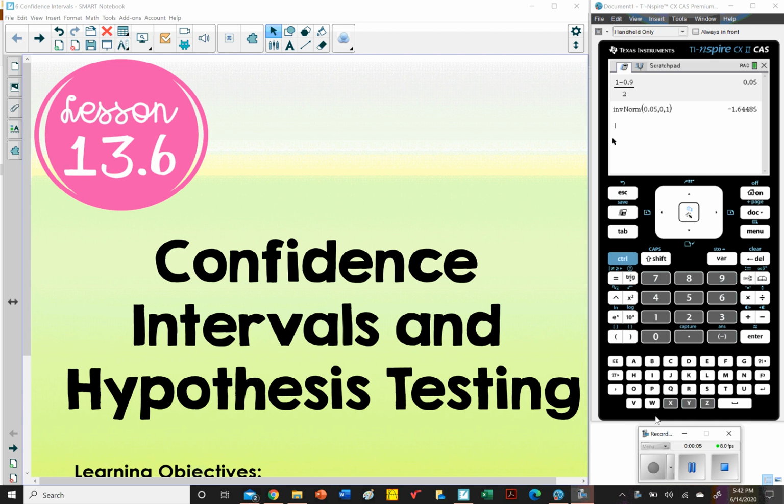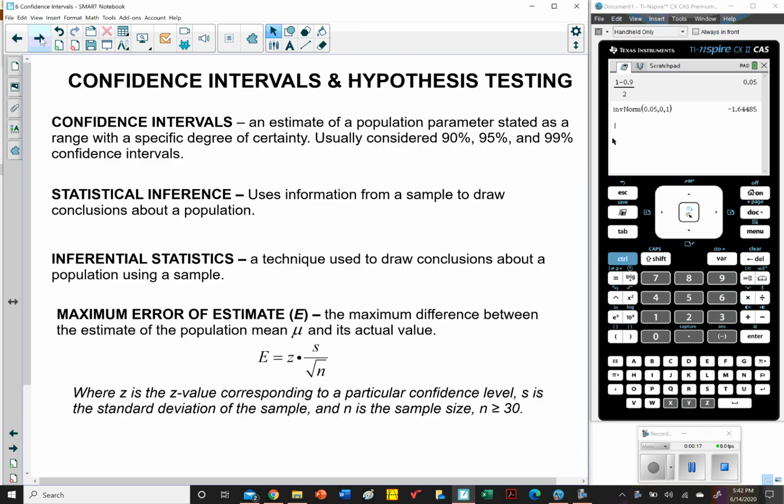This is lesson 6 in Unit 13 on data analysis and statistics for Algebra 2. We're talking about confidence intervals and hypothesis testing in this final lesson. A confidence interval is an estimate of a population parameter, and we usually state it as a range with a specific degree of certainty.